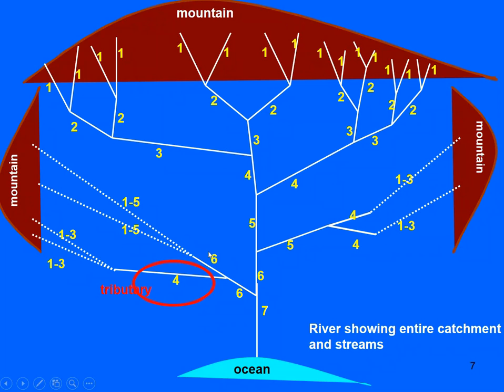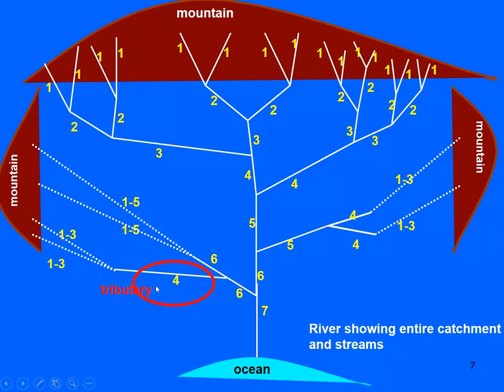And can you see that if you look at the numbering, it remains a 6th order stream. It doesn't go bigger. It doesn't now suddenly become a 10th order stream or a 7th order or whatever. It remains a 6th order stream, and that is because this 4th order tributary is smaller, so all it adds is some volume, but it doesn't really physically change the environment of this particular stream.